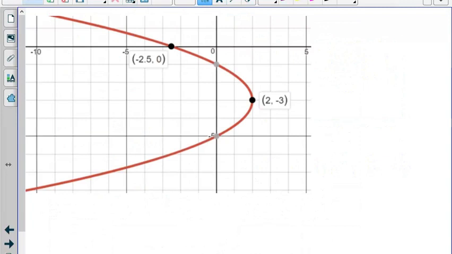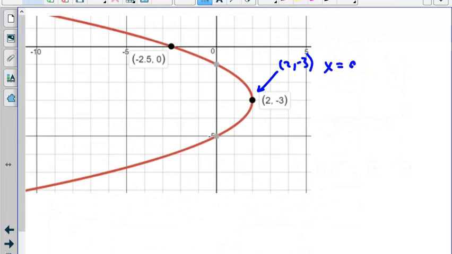Finally, if we are given a parabola here, this appears to be a parabola opening where x is going to be the non-squared term. It also appears that we have (2, -3) as our vertex.